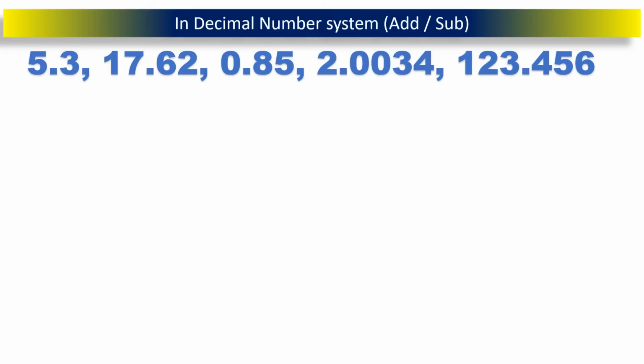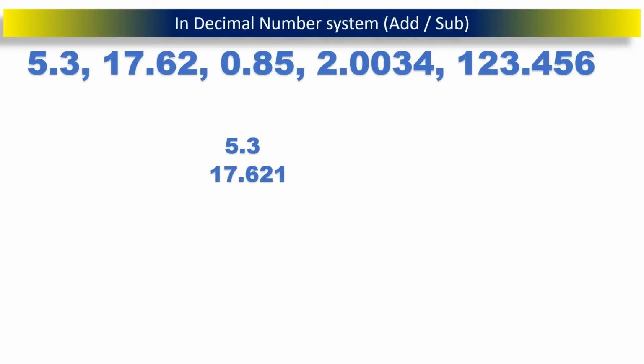This is the beauty of the decimal number system, that all the decimal points have to lie in a straight line. See how we are writing here, 5.3, and below that we are starting another number. It doesn't mean that underneath 5 I'm writing 7 and 1 is staying left of the 5 position. This is how we need to write.